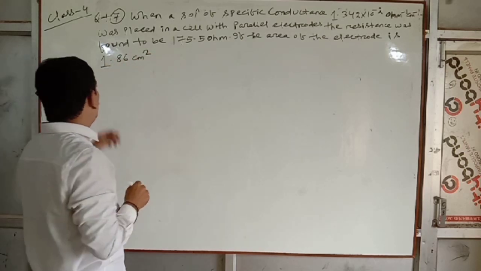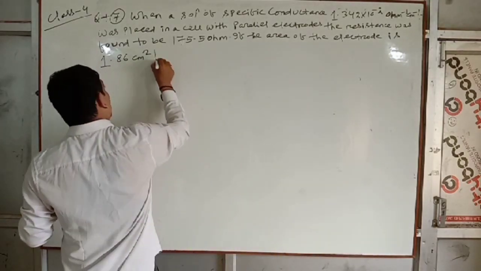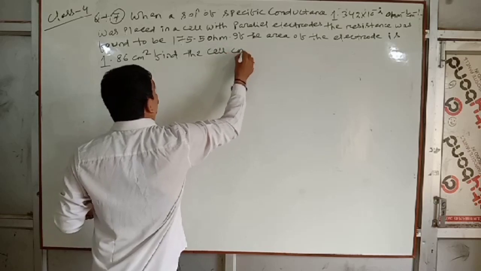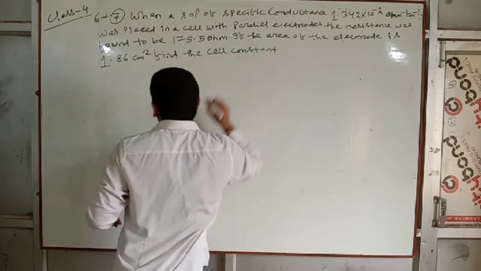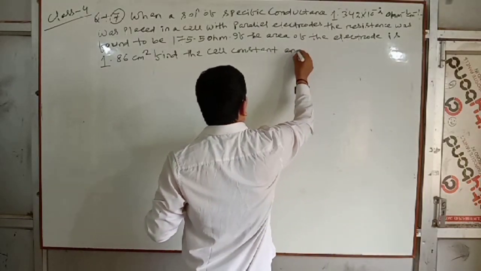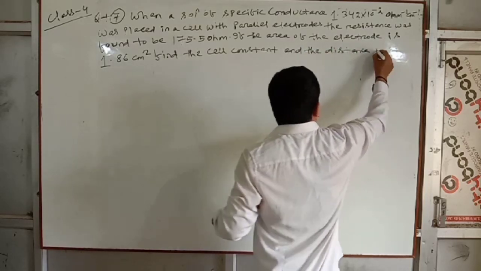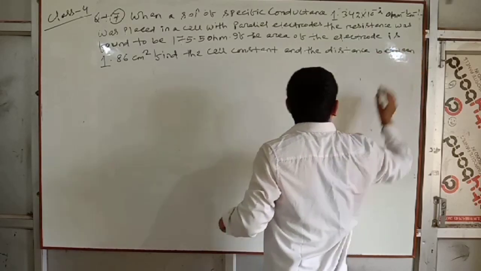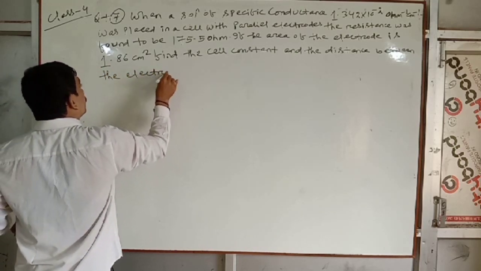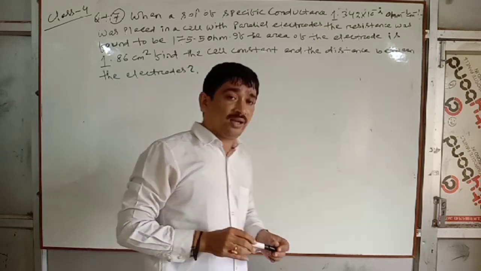If the area of the electrode is 1.86 centimeter square, find the cell constant and the distance between the electrodes.